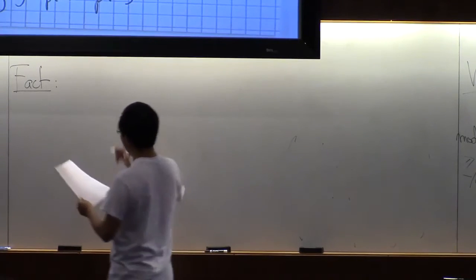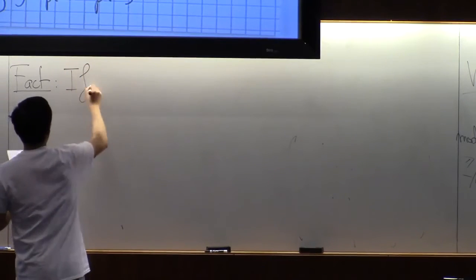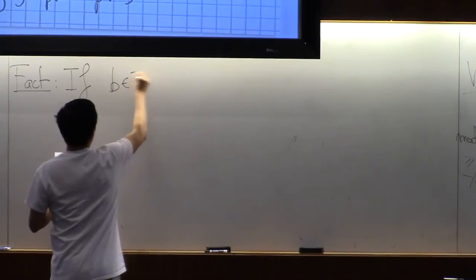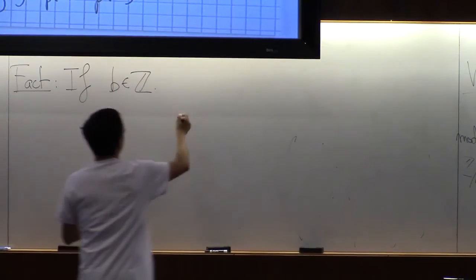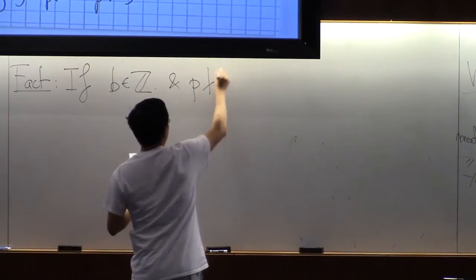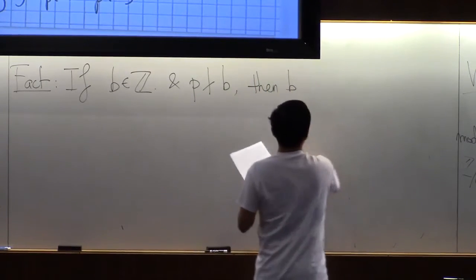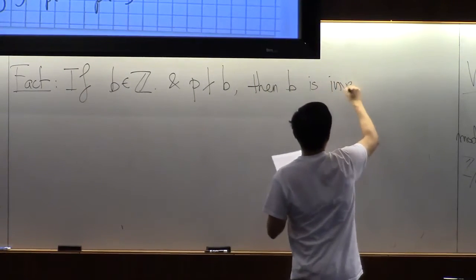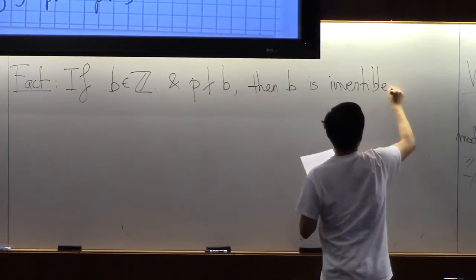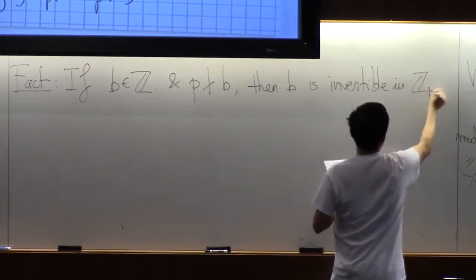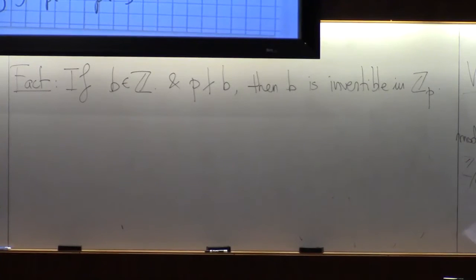So I would say this as a fact: if b is an integer such that p does not divide b, then b is actually invertible in Zp. Namely, in Zp, you can find an inverse of b. The easiest way to see this is using version 2.